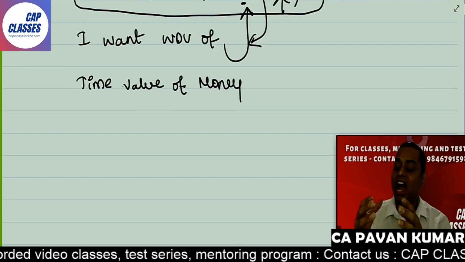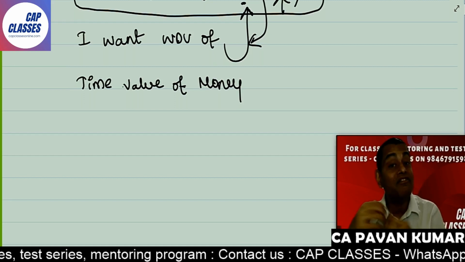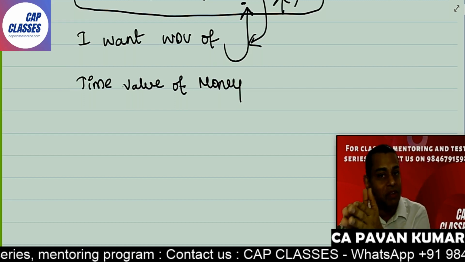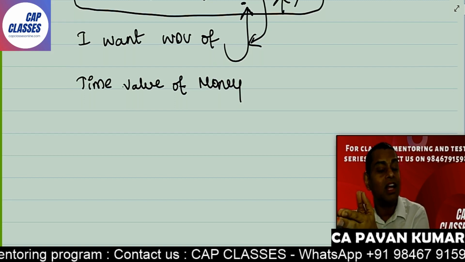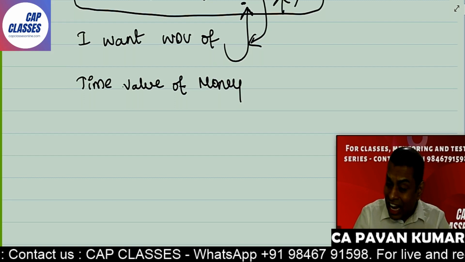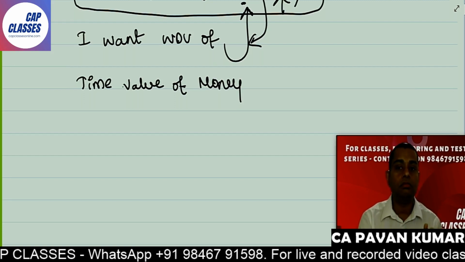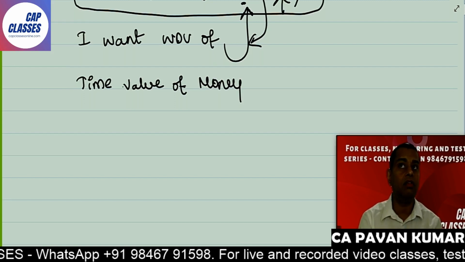I will tell you how much of time value of money I use in financial management throughout my life. Can you believe that much we are using in accounting now? Because all IFRS are based on fair value accounting. But our accounting standards are historical accounting.